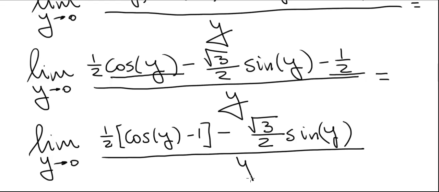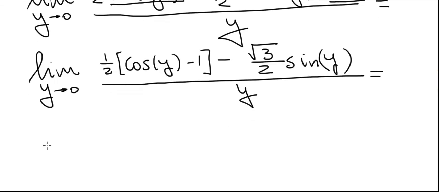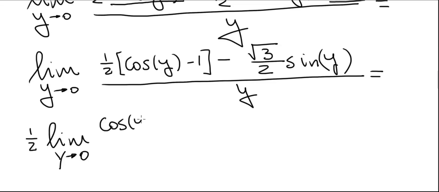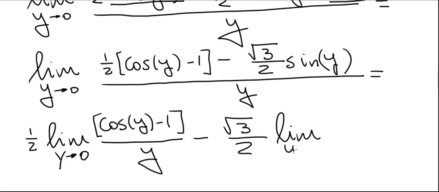And let's express this as a difference of two limits. The first one will be the limit as y goes to 0. We can take the 1/2 and put it in front, 1/2, and we have cosine of y minus 1 divided by y, minus, we can take square root of 3 over 2 again in front of the limit, the limit as y goes to 0 of sine of y divided by y.